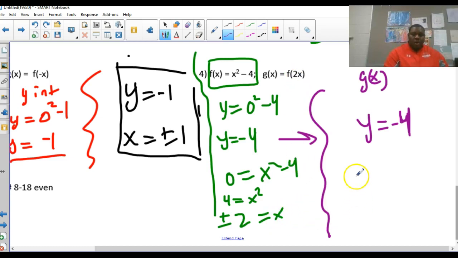So if I put a 2 right here, I just rewrote it. Instead of x on this side, I moved it on that side. So 2x equals plus or minus 2.